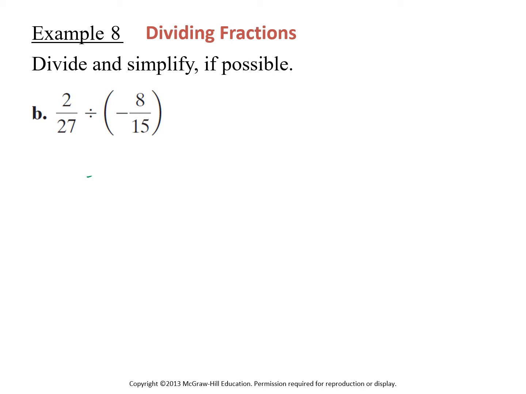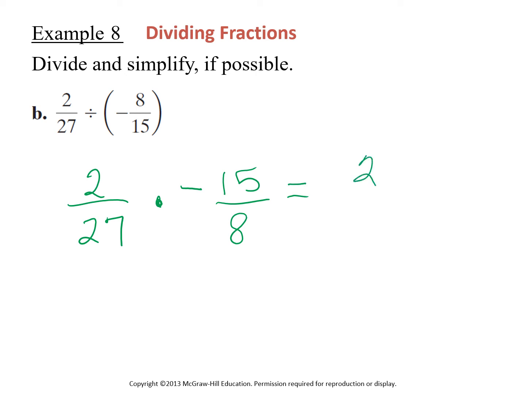So once again, I'm going to keep the first fraction, change to multiplication. When you flip a negative, the negative sign stays on top or out to the side. The whole fraction is negative. And I'm going to multiply across the top.